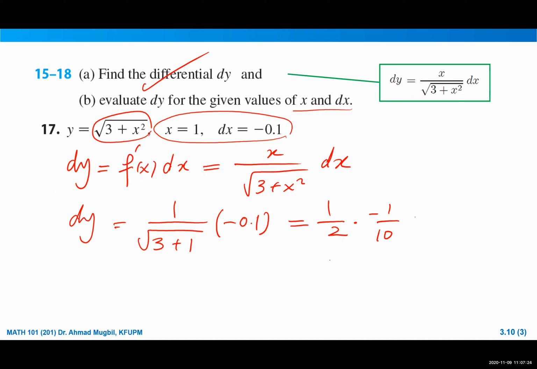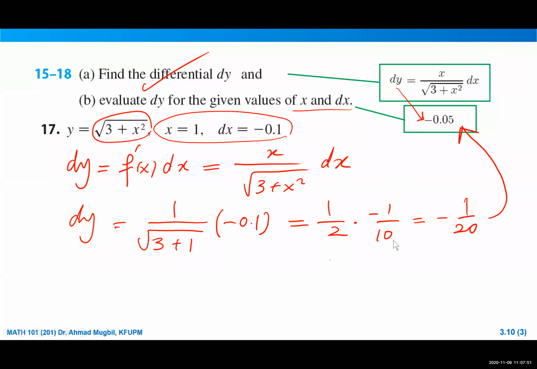Is that right? I think I forgot x here. It is 1 times 2, negative. It is okay. So it is negative 1 over 20, which is negative 0.05. The dy is this now, when you have specific values.